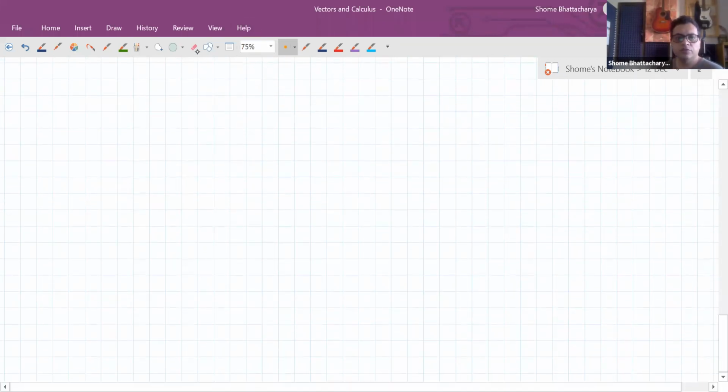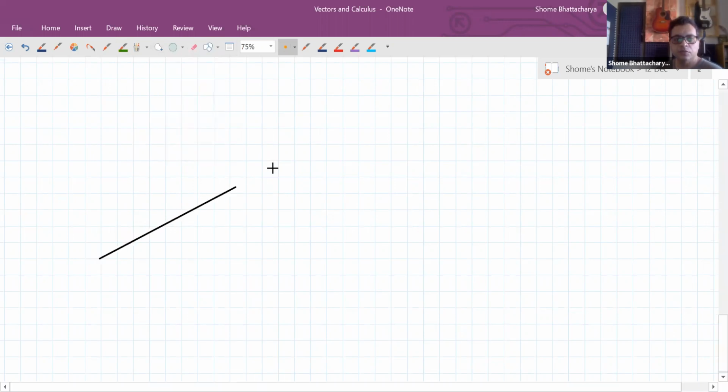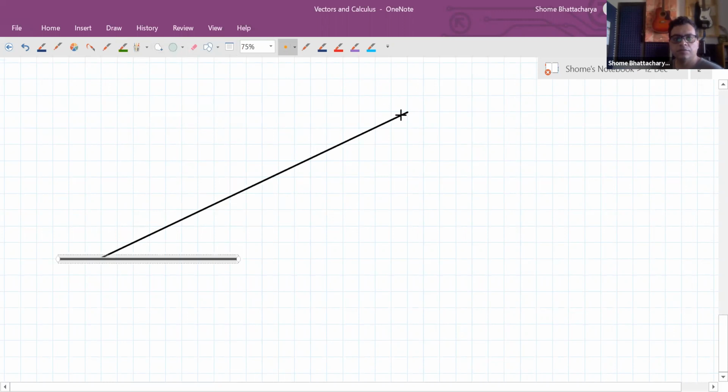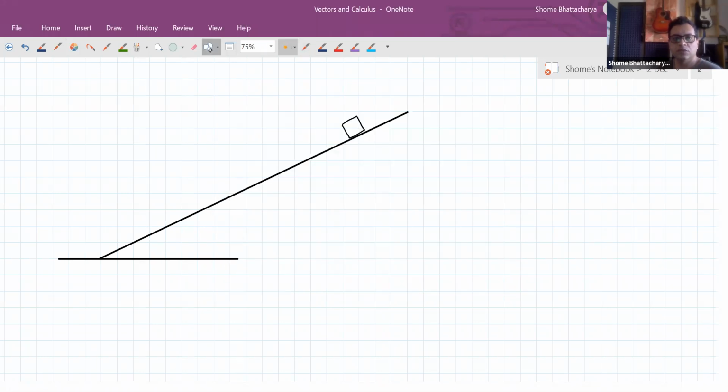Okay, so to solve this question, first of all, we will need to look at the force diagram, or we will need to understand the forces which are acting on this particular body. So let's understand that first. So as you know, the gravitational force acting on it will be a force that acts vertically downwards.